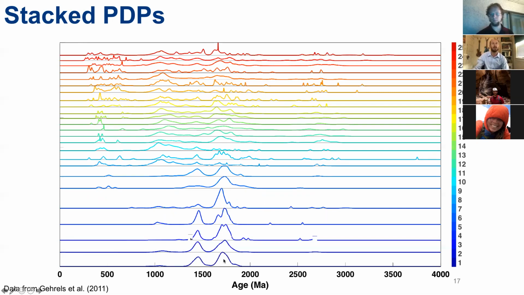We have these two distinct age modes at the bottom. Then at about sample 5 or 6, whatever that corresponds to in the Grand Canyon, we start to see an introduction of younger and younger age groups. But still, at the end of the day, how different is this top one from the one below it, and the one below it, and so on? You'd be hard pressed to make any detailed interpretations without a bit of subjectivity.